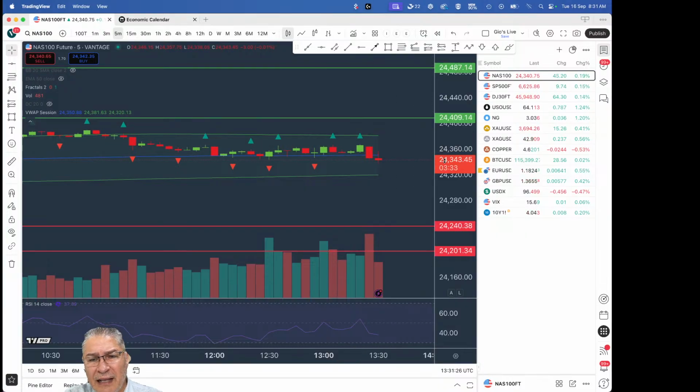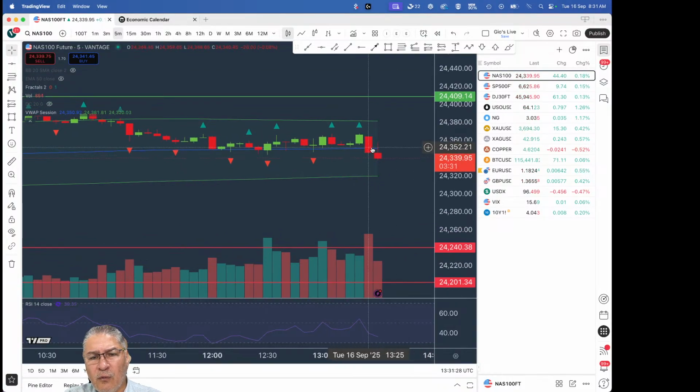To contemplate an entry, I want to wait for the market to come down towards the lower band, and from here enter the market long as a reversal, and my targets will be the VWAP and the upper band initially.